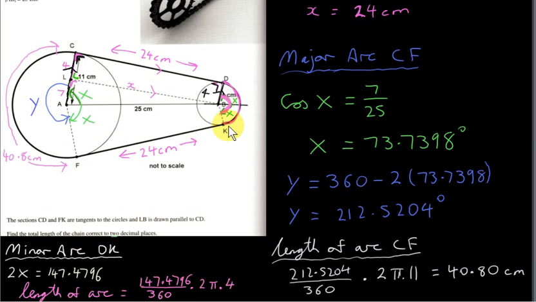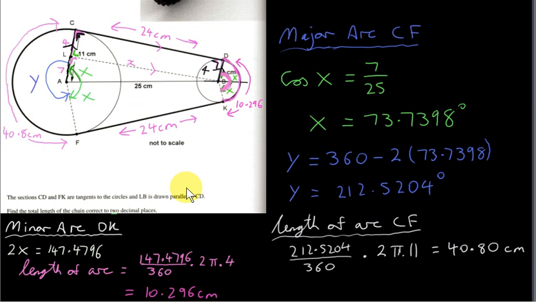So what we do is we get this angle here as a fraction of 360 degrees. We just divide it by 360 degrees and we multiply it by 2 pi r. 2 pi r is the circumference or length of a full circle. The radius of this circle is 4. I've written this down to 3 decimal places. I get an answer of 10.296 centimeters.